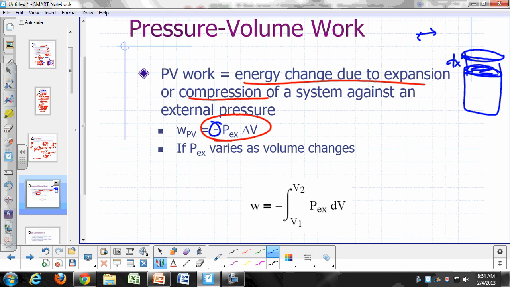So that becomes a positive number. Whereas in our case, that's the amount of change in energy by doing work. So that's a negative work.